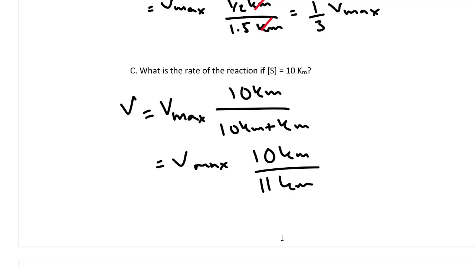And of course the Km's cancel out, and we're left with 10 over 11 Vmax. So at much higher concentrations, you can see that the rate of the reaction starts to approach Vmax.